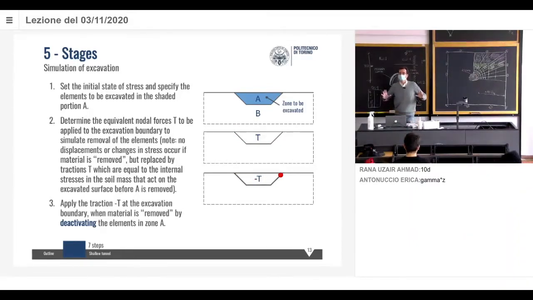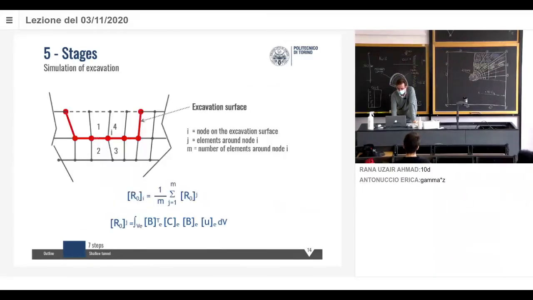And that is like simulating the excavation. So that's why we say here, no displacements or change in stress occur if material is removed, but replaced by forces which are equal to the internal stress in the soil. Okay? And this is how we simulate excavation stages in a numerical model.